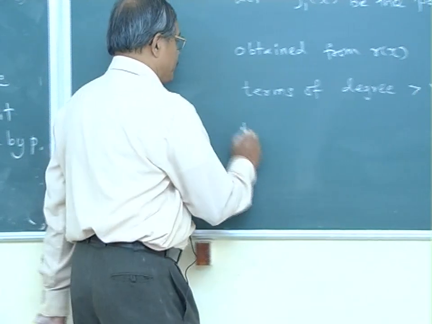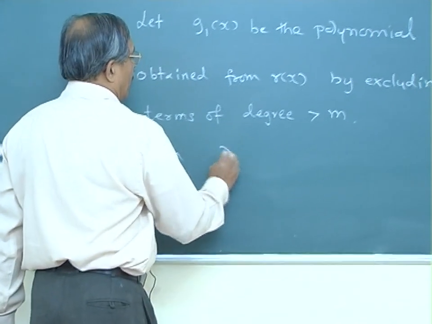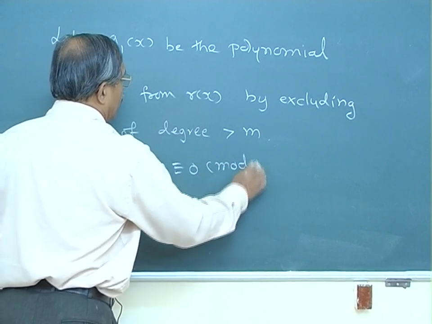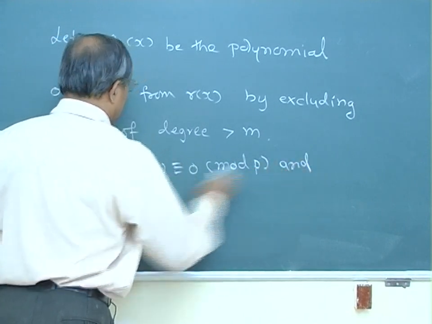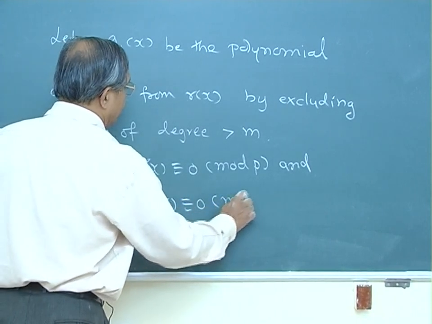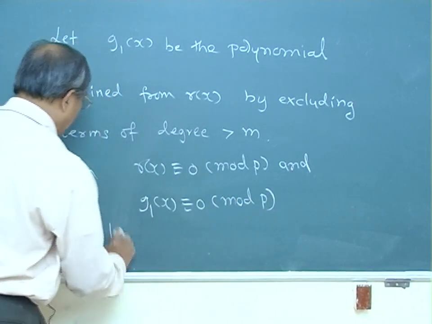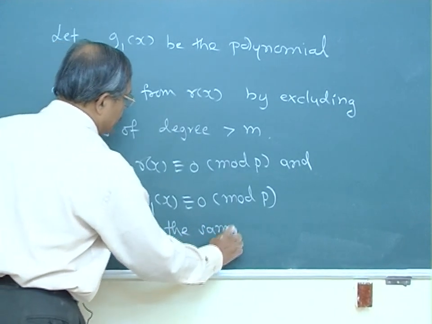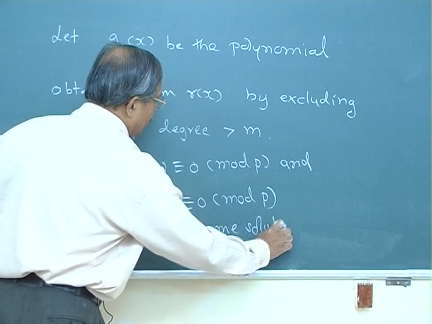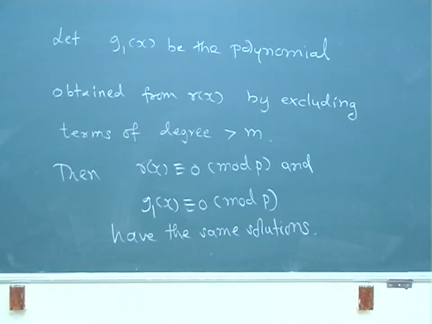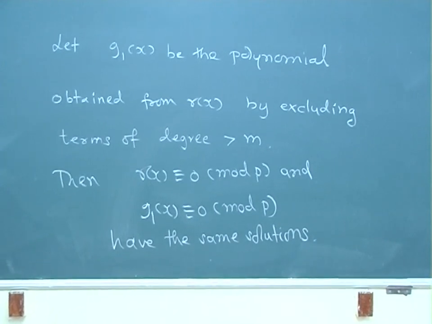Then R(x) congruent to 0 mod p and g1(x) congruent to 0 mod p have the same solutions, because what we have removed is terms divisible by p.